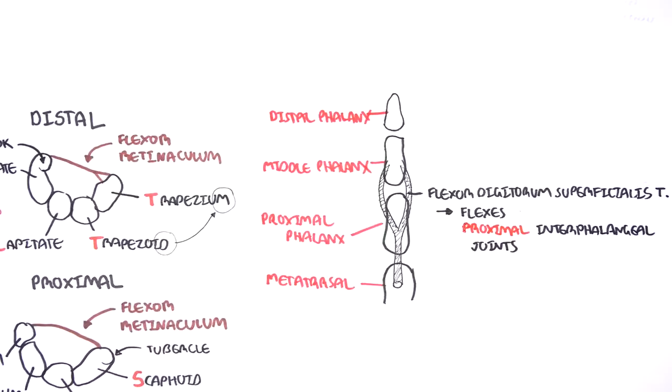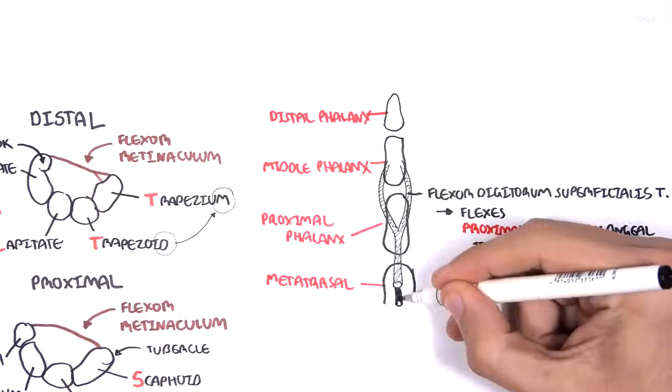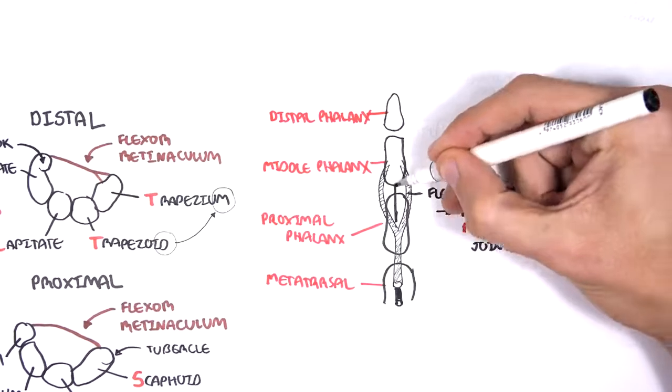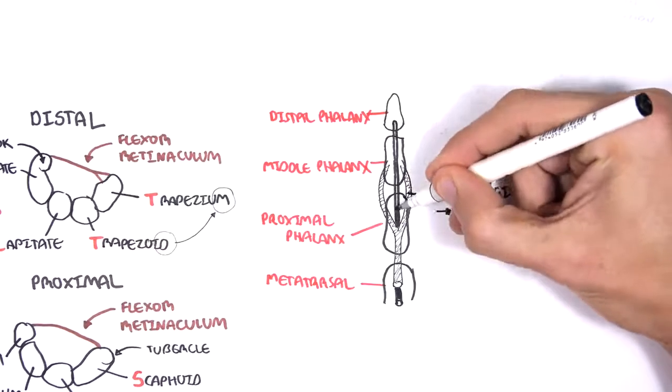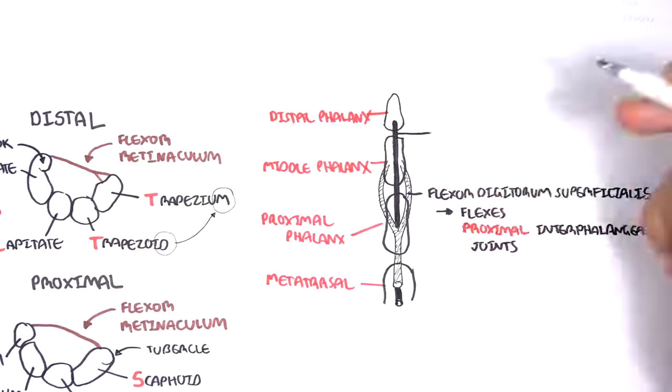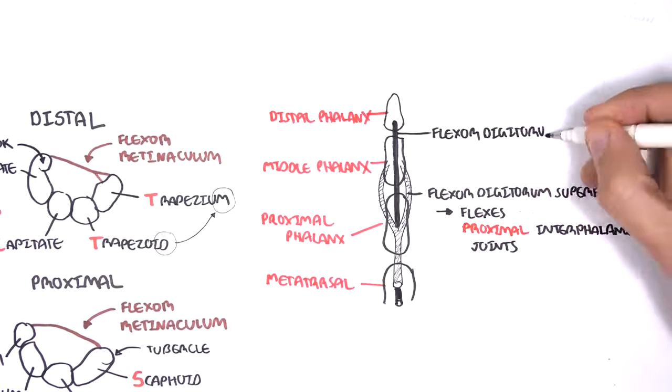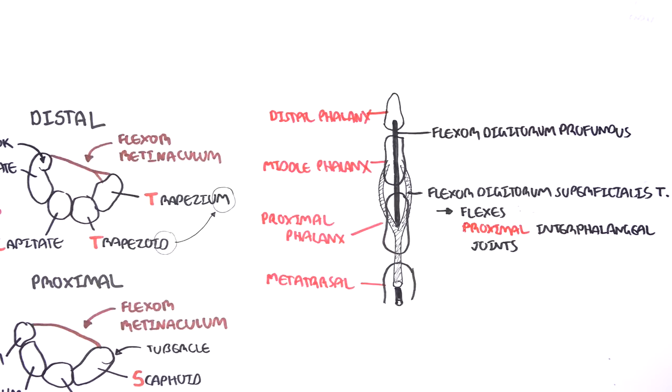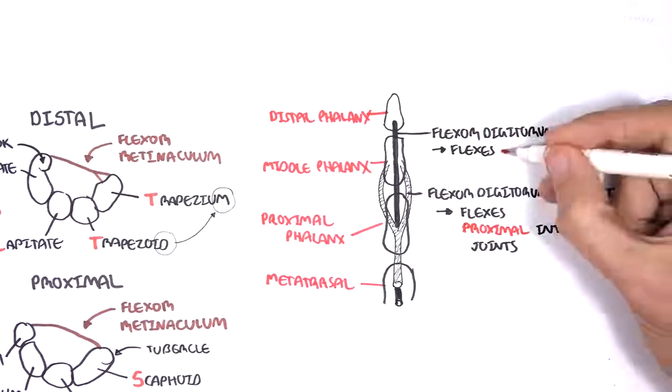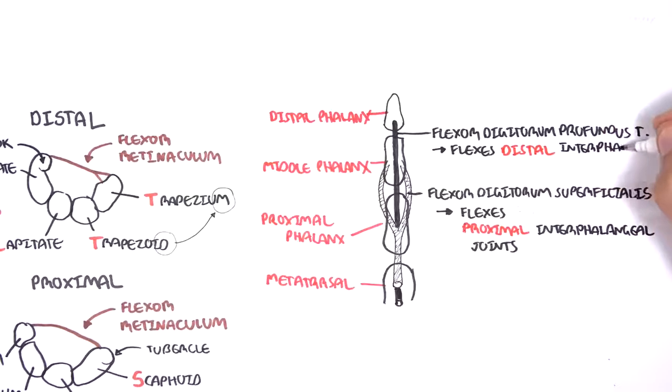The flexor digitorum profundus tendon runs deep to the flexor digitorum superficialis and attaches to the distal phalanx. It does not bifurcate. Thus, we can say the flexor digitorum profundus tendon flexes the distal interphalangeal joint.